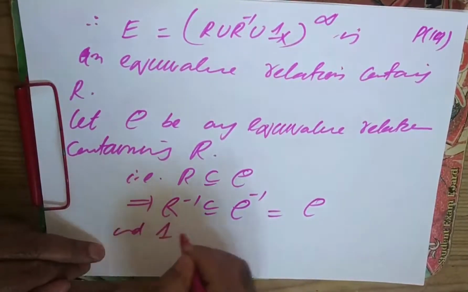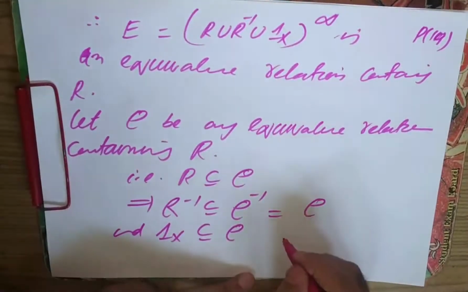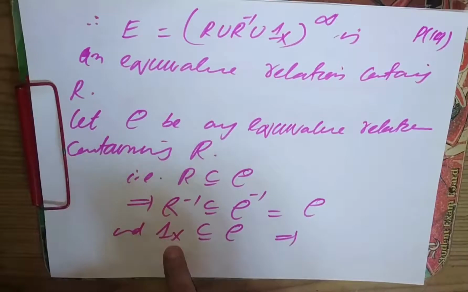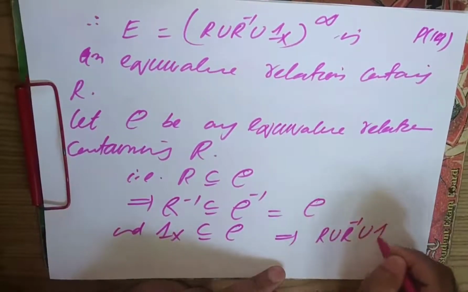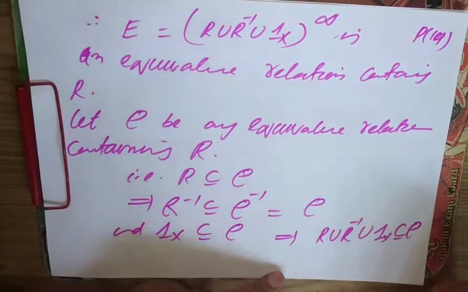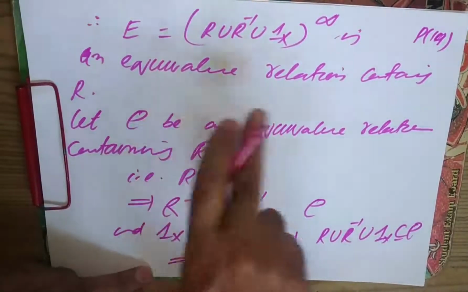And Ix is also a subset of sigma. So R, R inverse, Ix are all subsets of sigma, which means that R union R inverse union Ix is a subset of sigma.